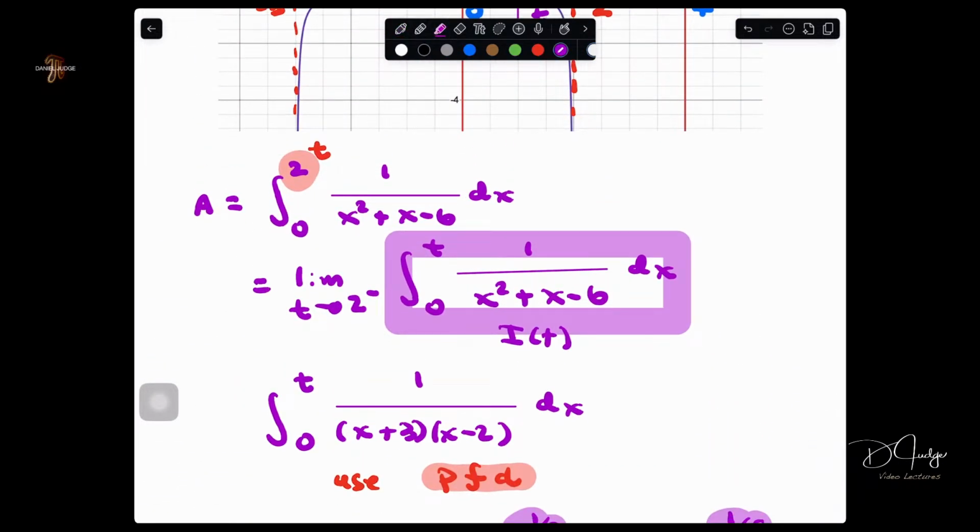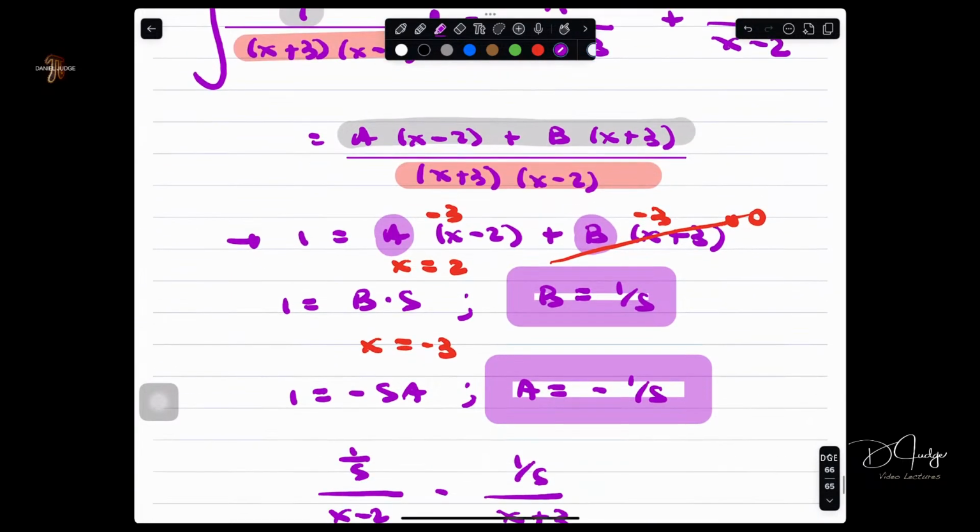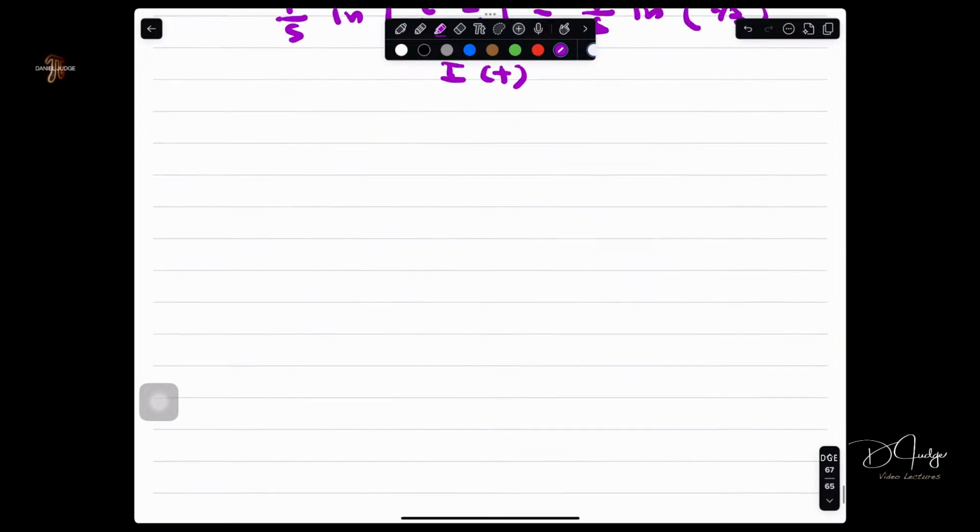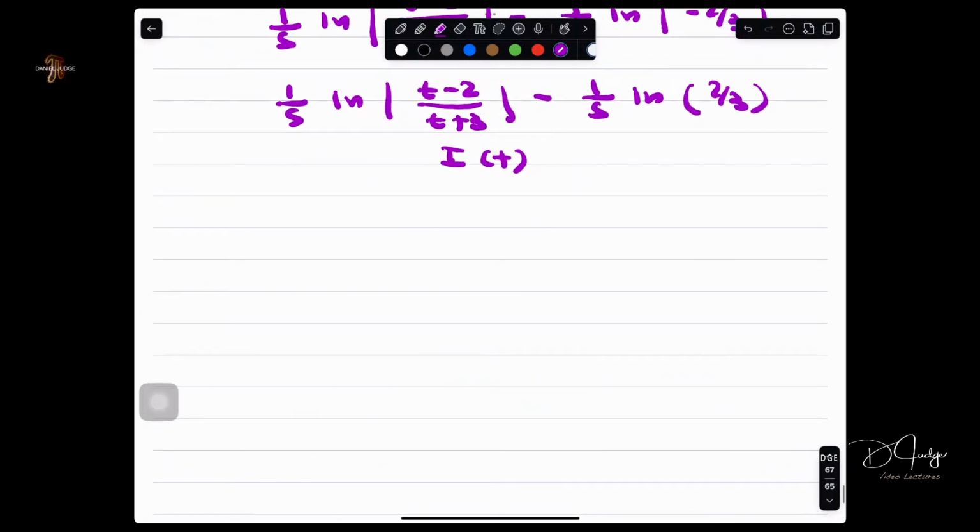Take the limit of this as t goes to 2 from the left side. So as we try to take that limit as t goes to 2 from the left now, right? Let's see what we get.